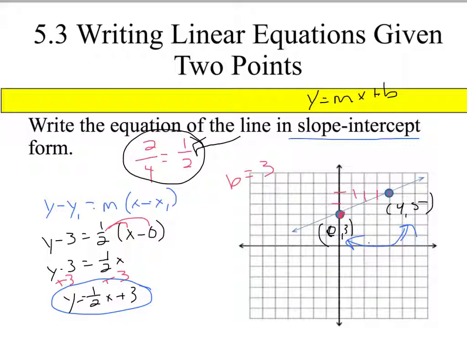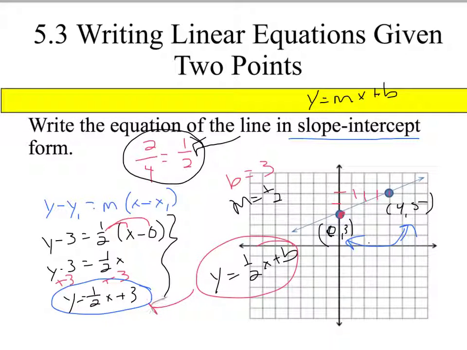Okay, so if you see that type of a problem, okay, that's fantastic. Okay, and we can just skip this entire equation right here. We can skip that part because we have our b, we have our m, and we can plug in and solve. Y equals half x plus 3. Is that the exact same equation that we got before? You betcha. You can bet your boots on it. Okay, so if you notice that it's the y-intercept, and you can give a direct point to that y-intercept, 0, 3.